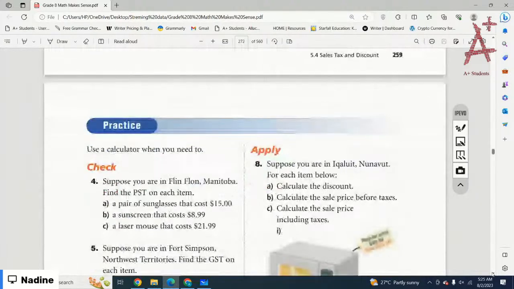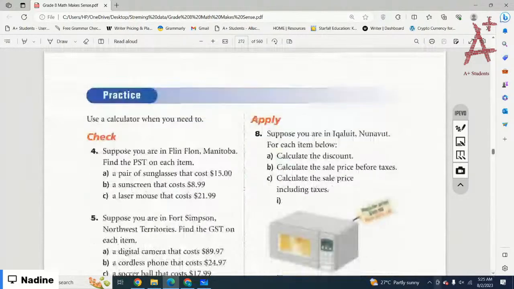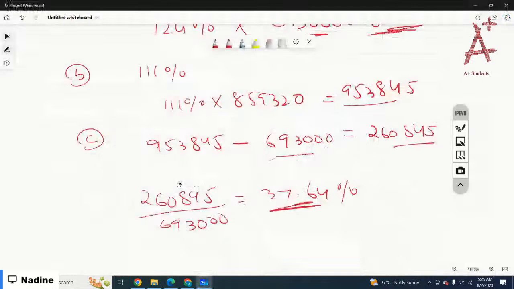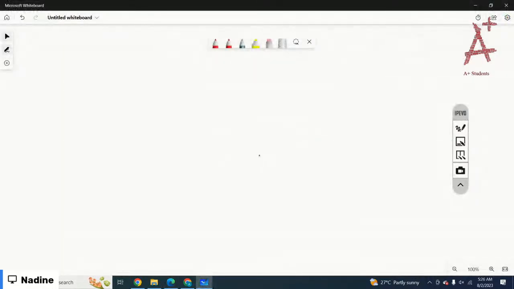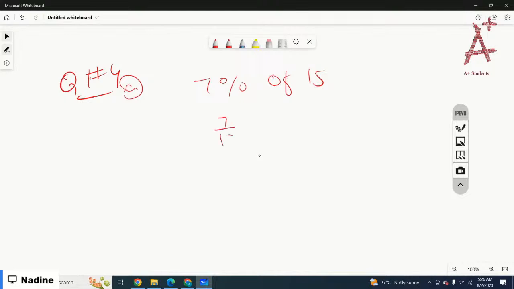The A is a pair of sunglasses that cost $15. So PST is 7% in Manitoba. So you have to calculate 7% of $15, right? So it would be 7 over 100 times 15.